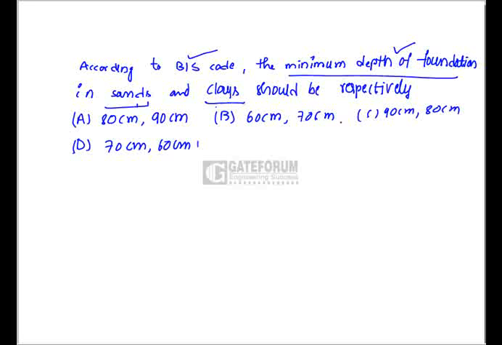So options C and D can be ruled out. As per the BIS code, 80 centimeters and 90 centimeters are the minimum depths of foundation for sands and clays. So option A is correct.